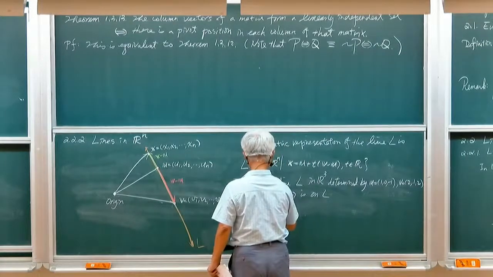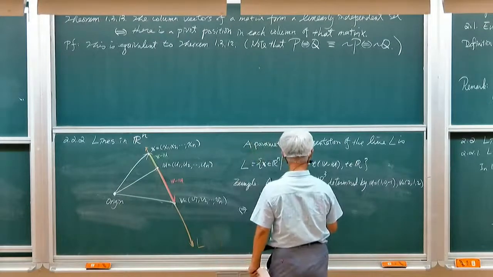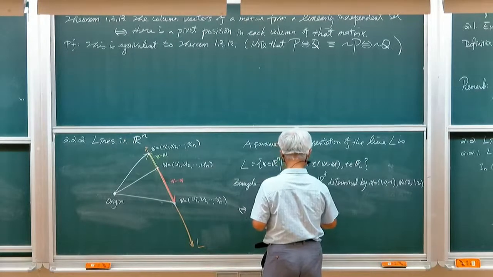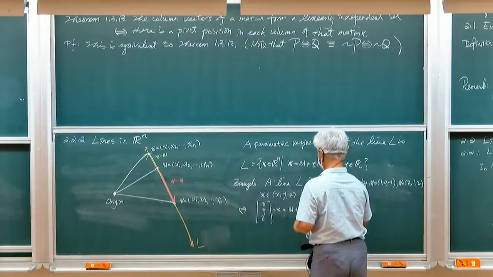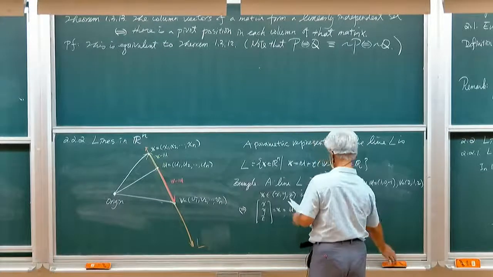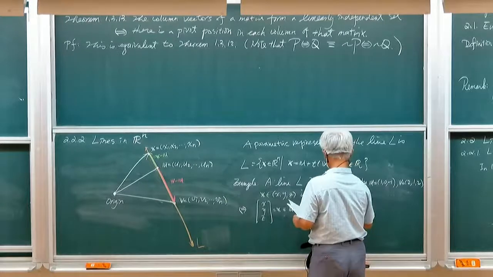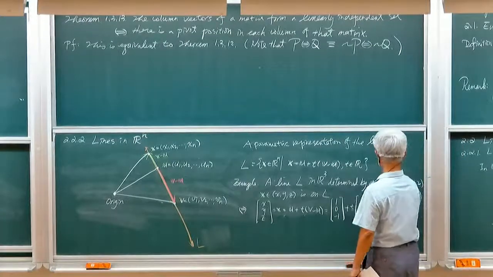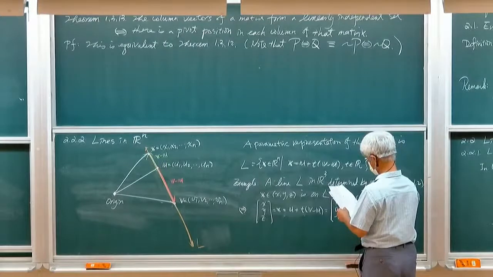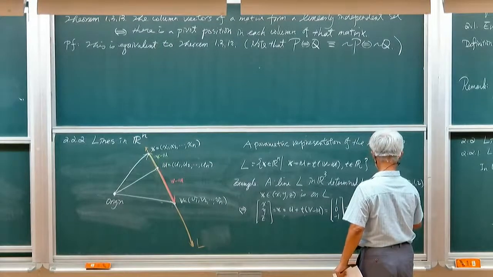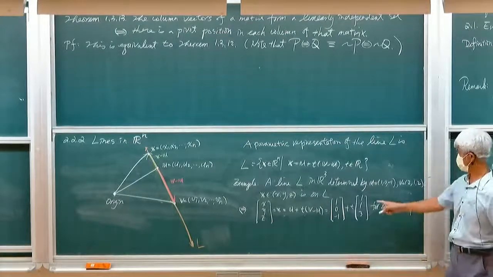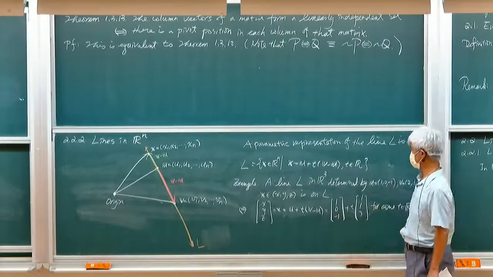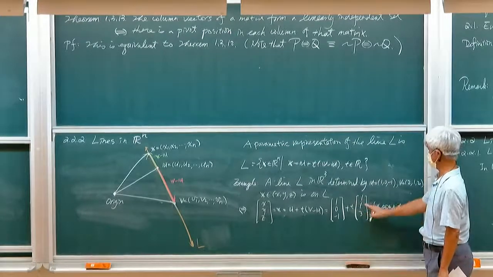(x, y, z) is equal to U plus T times the difference, so that it's (1, 0, minus 1) plus T times (1, 1, 3), for some T in R. This vector is the difference of V from U, so (1, 1, 3) here.